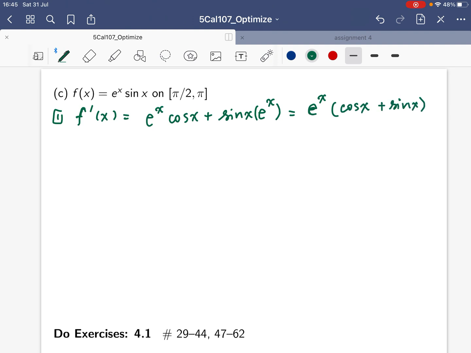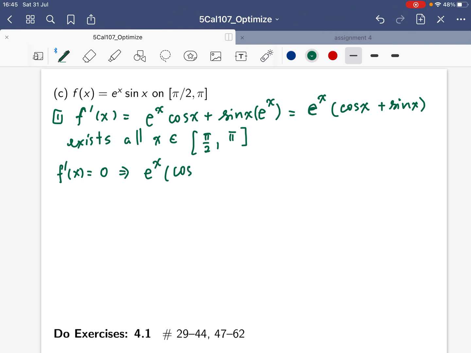Okay, and this one, because it is sine and cosine and the exponential, it always exists for each and every x inside this closed interval from pi over 2 to pi. However, can we find the critical value that makes your derivative equal to 0?